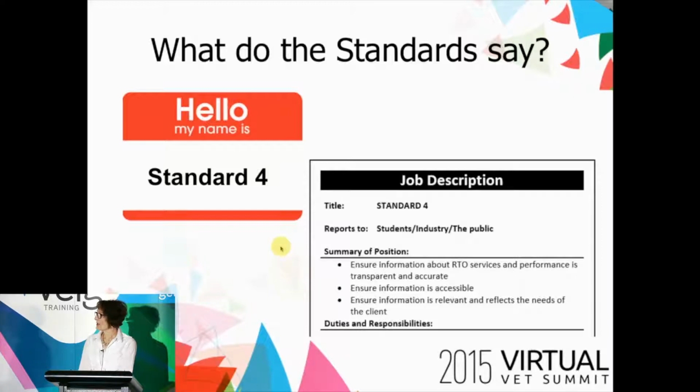It is, of course, directed at our students, our stakeholders, our clients in terms of the information that we disseminate to those parties. And particularly, if we consider the context statement around that standard, we know the context statement isn't an auditable statement, but it really sets the benchmark for compliance for us.